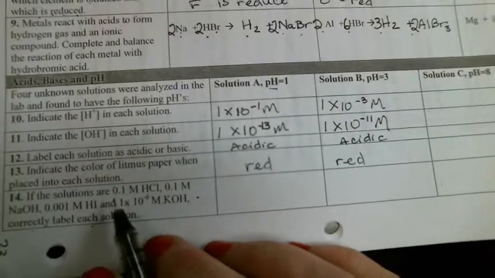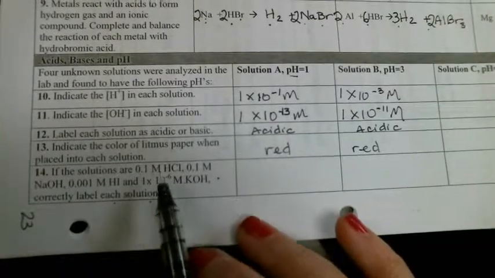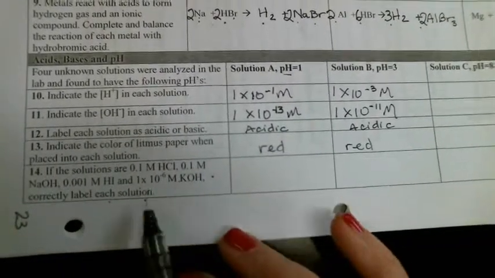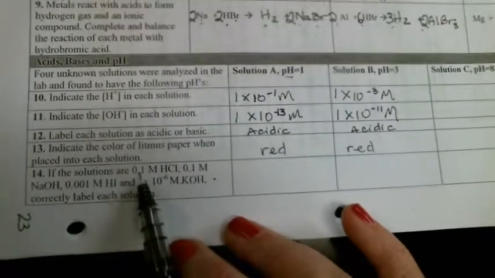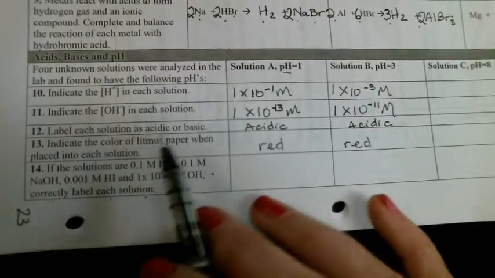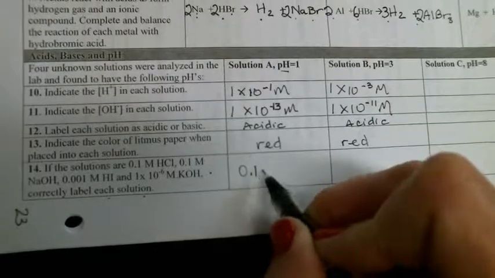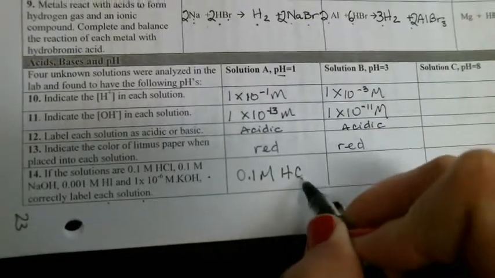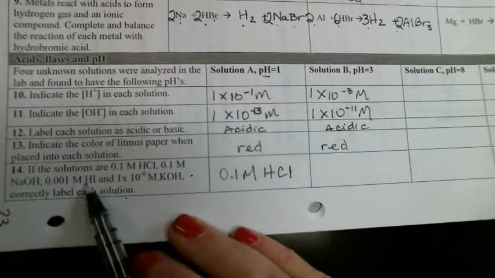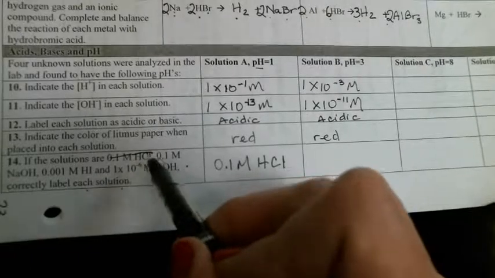So what you're basically doing is calculating the pH given the molar concentration of all of this already. So this is 1 times 10 to the negative 1, so this would be your 0.1 molar HCl. Now, this is also an acid. How do I know? It starts with an H, so that gets rid of this one.